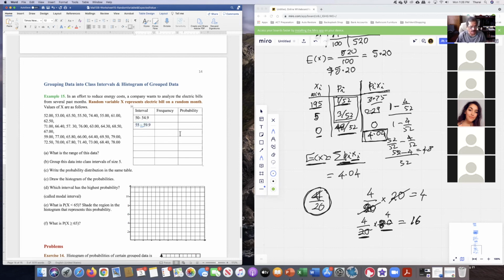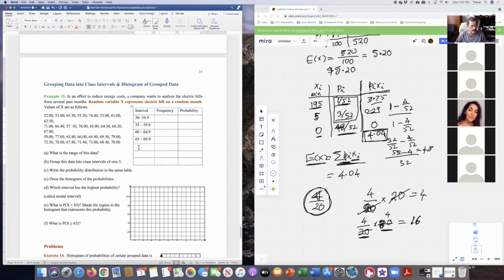And the next one will be 60 to what? 64.9. The size of the interval is 5. Yes, 64.9. And then the next one will be, anyone? 65 to 69.9. Right.